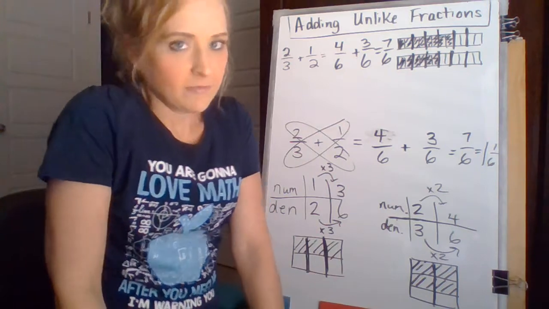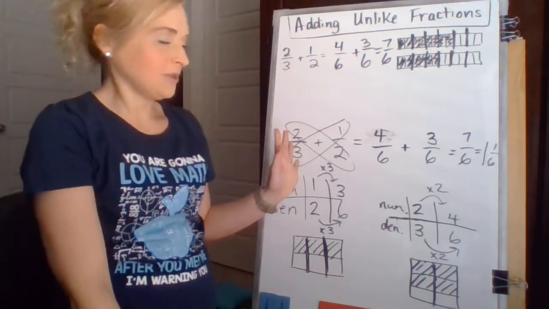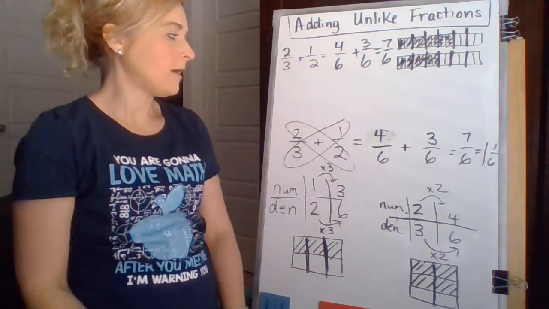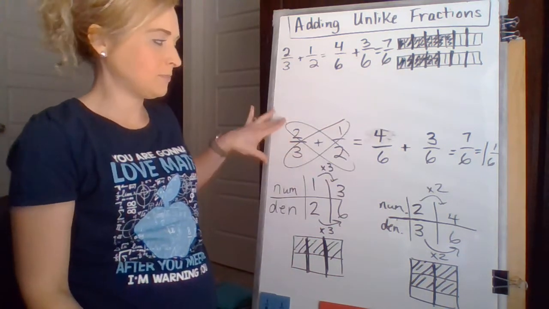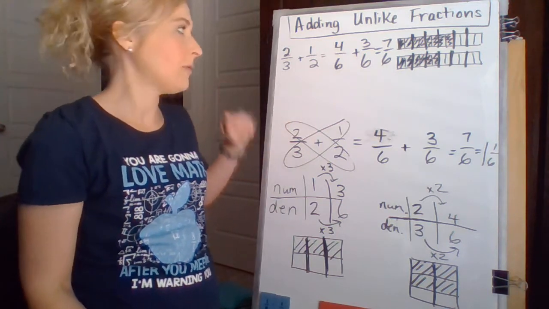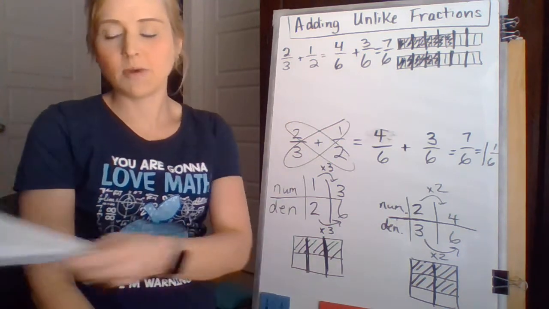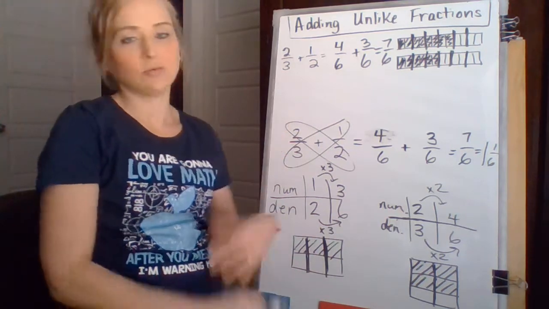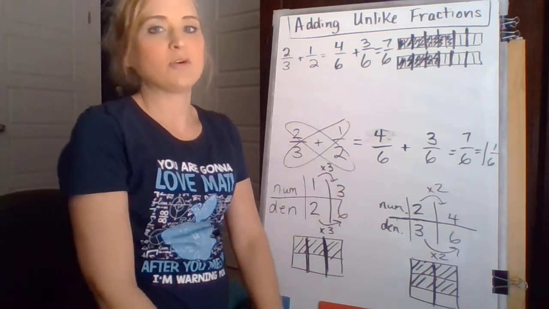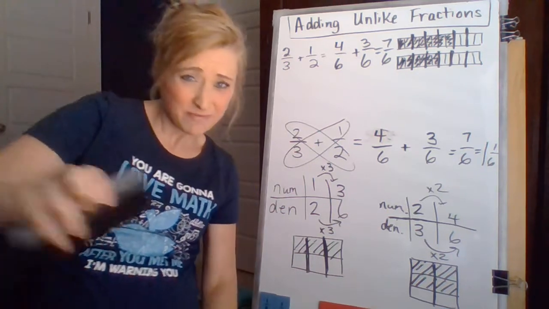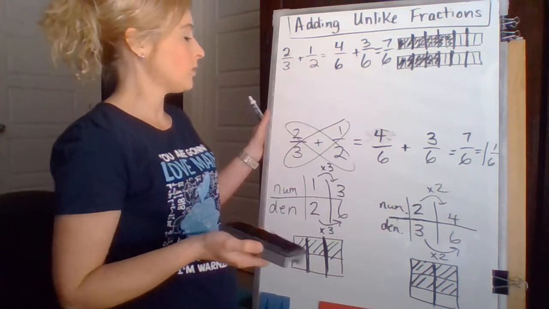I don't know if this is clear as mud to you or if that made it really clear what you're supposed to do. But I know a lot of this, especially this butterfly method, probably rings a bell to some of you. It's not the only way to do it. In fact, sometimes this way gives you really large numbers that are more difficult to deal with. And I just want to show you an example of that if you have time real quickly.